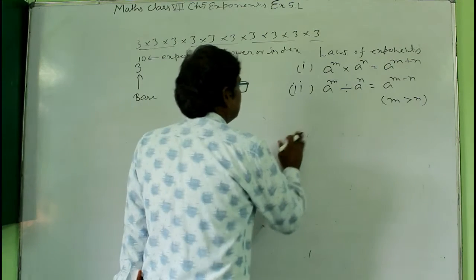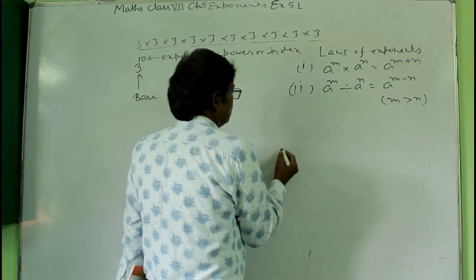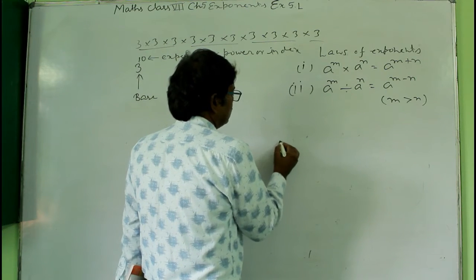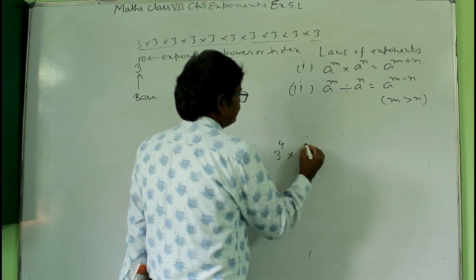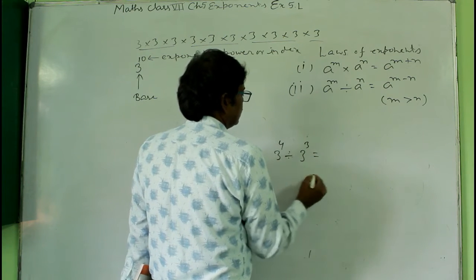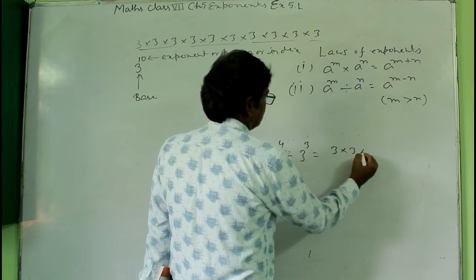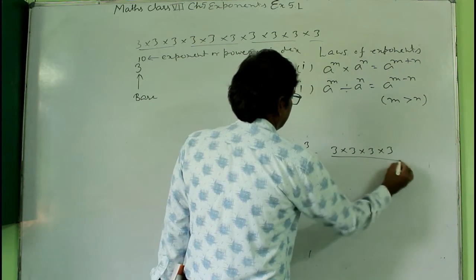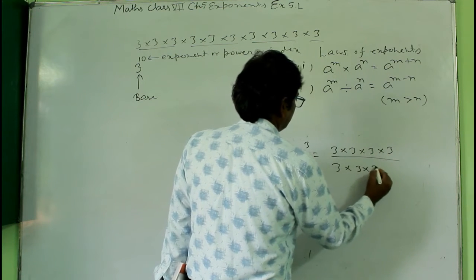For example, suppose 3 to the power 4 divided by 3 to the power 3, then we will have 3 into 3 into 3 into 3 by 3 into 3 into 3.